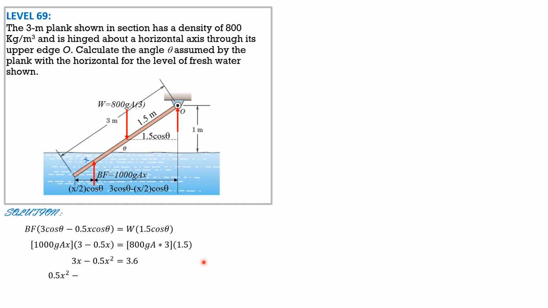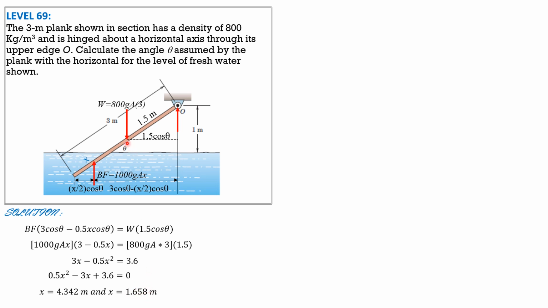Rearranging, 0.5x squared minus 3x plus 3.6 equals 0. Using the calculator with the quadratic formula, x is 4.342 meters and x is 1.658 meters. Because 4.342 meters exceeds the length of the plank, it is an absurd value. Therefore, the acceptable value of x is 1.658 meters.